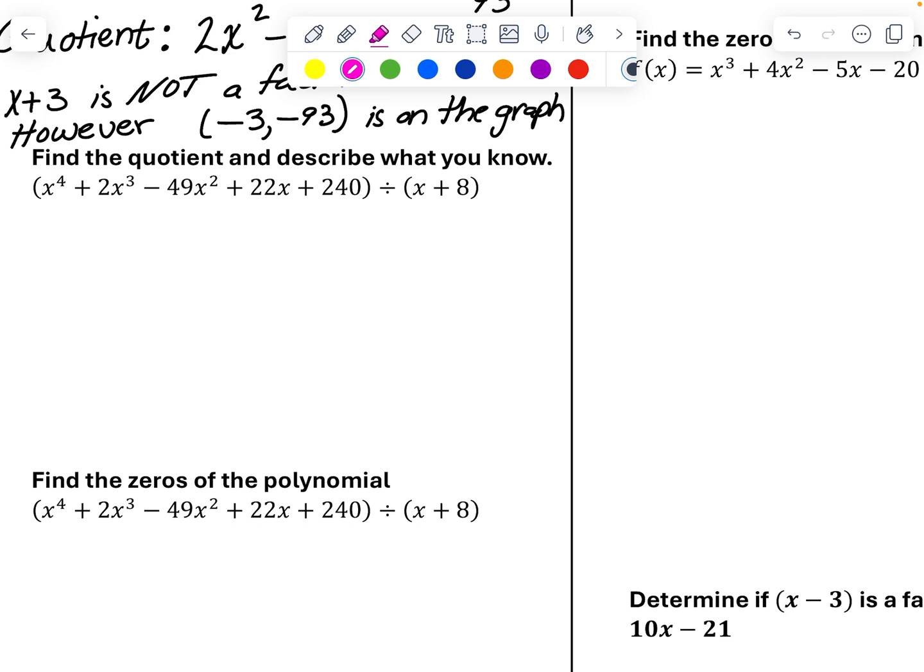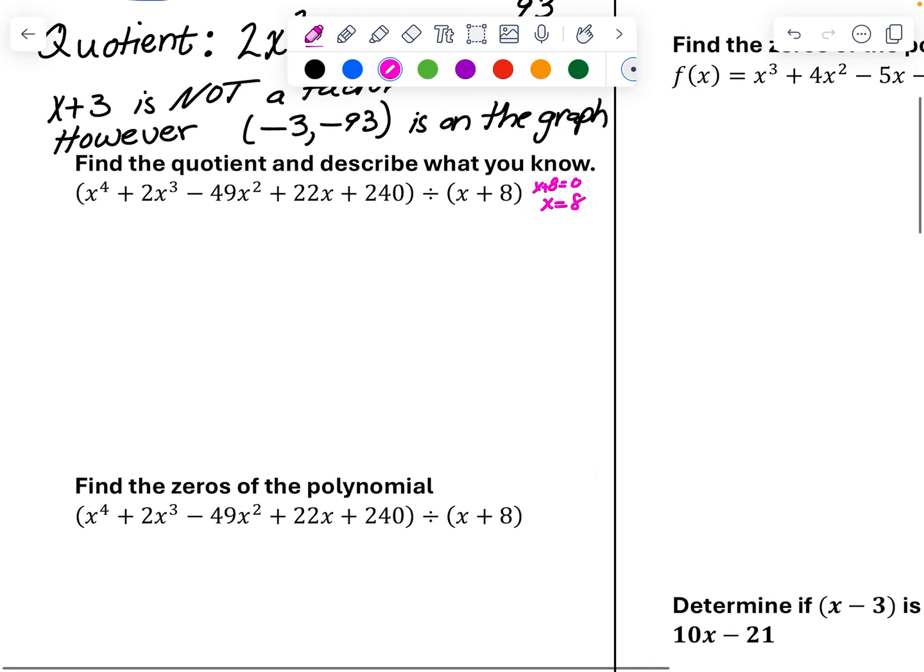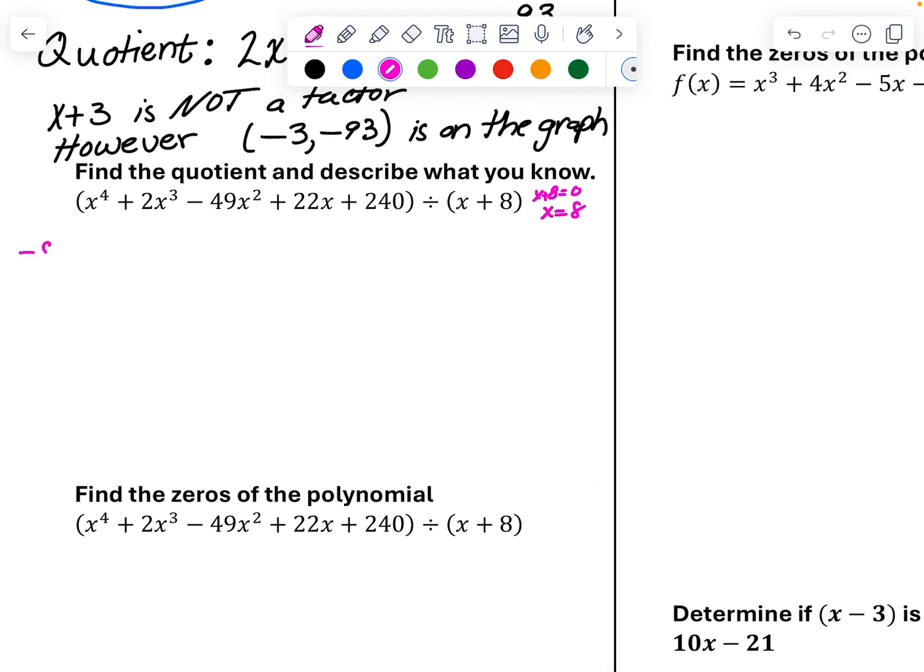Okay, if x plus 8 equals 0, then x is negative 8. So we are going to put negative 8 in the box. And we are going to take the coefficients of the dividend, which is 1, 2, negative 49, 22, 240.